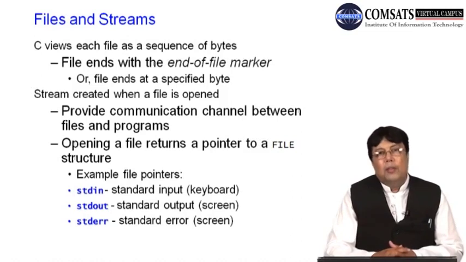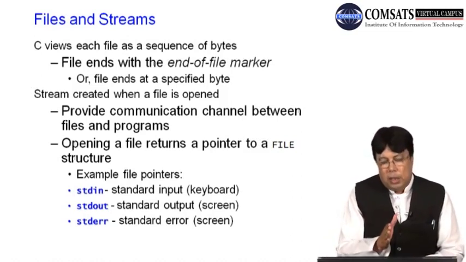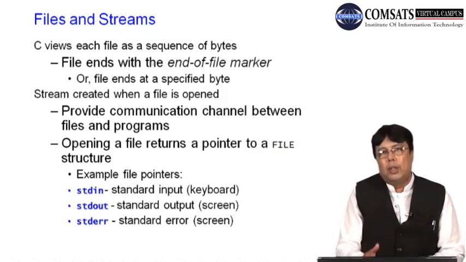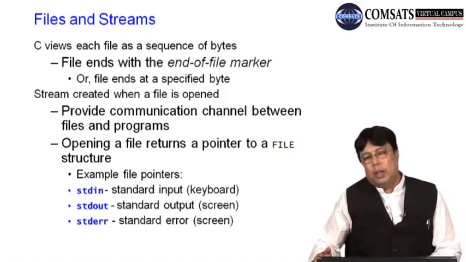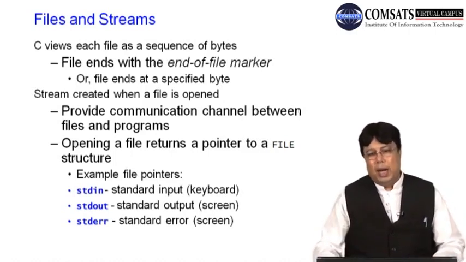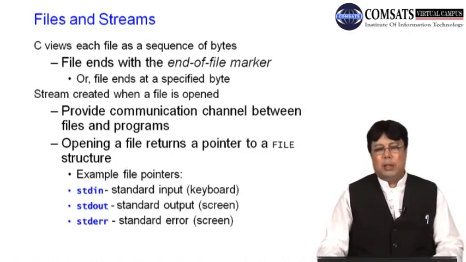So the file can start, and then you can have one record, then another record, then another record. You keep on adding records, but these records are organized by the programmer, not by the compiler, not by the system.